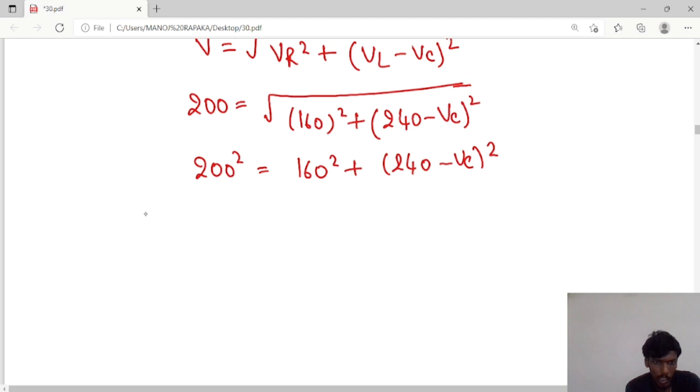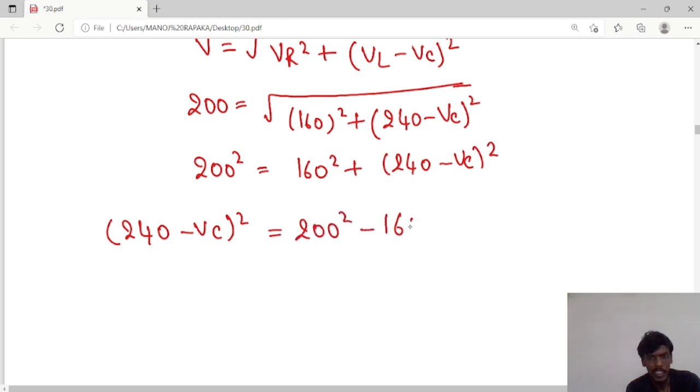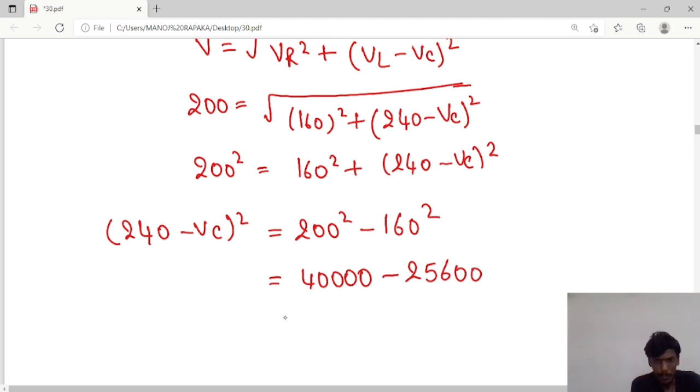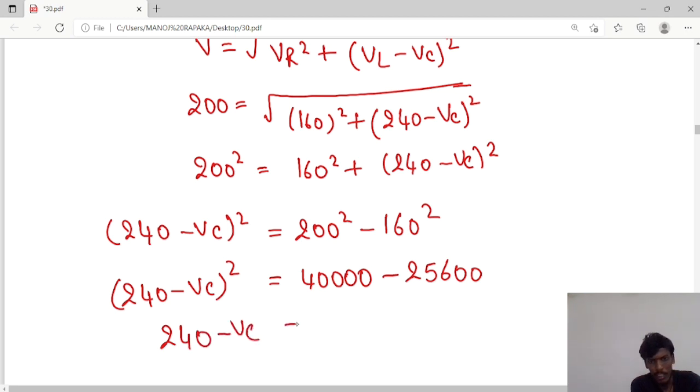So (240 minus VC) whole square equal to 200 square minus 160 square. 200 square is 40,000, and 160 square is 25,600. So 240 minus VC equal to 120.